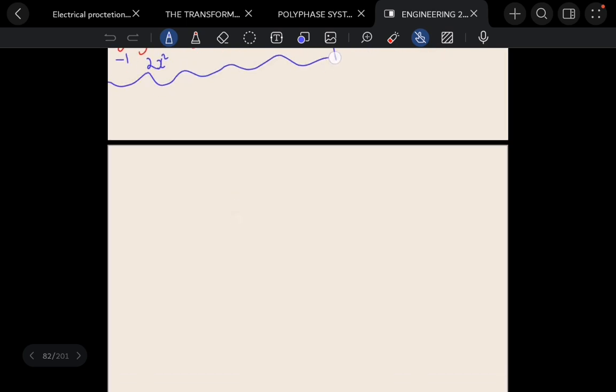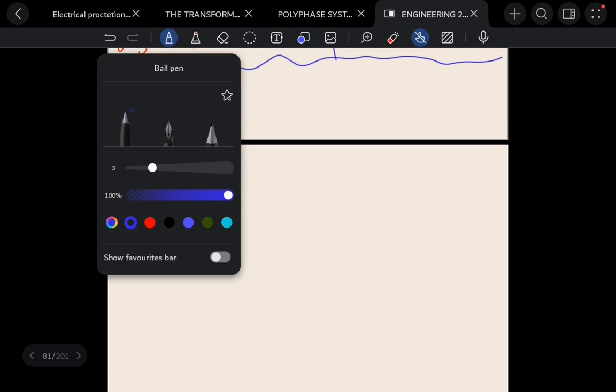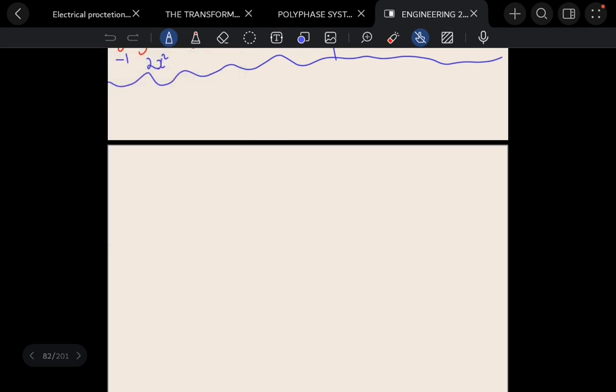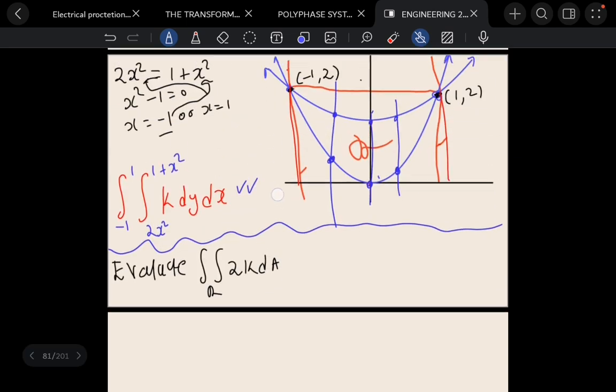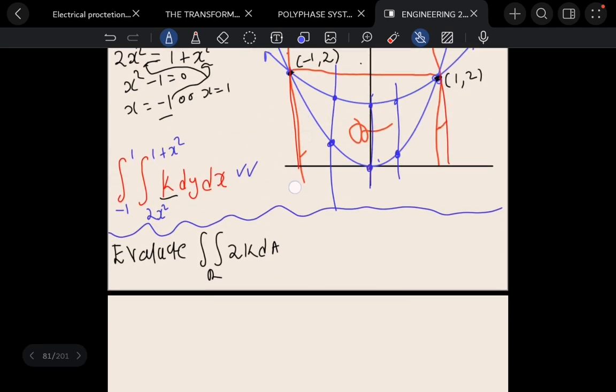Evaluate the double integral over R of k dA. Now just know that this k here is just a constant. It's the same as this one.